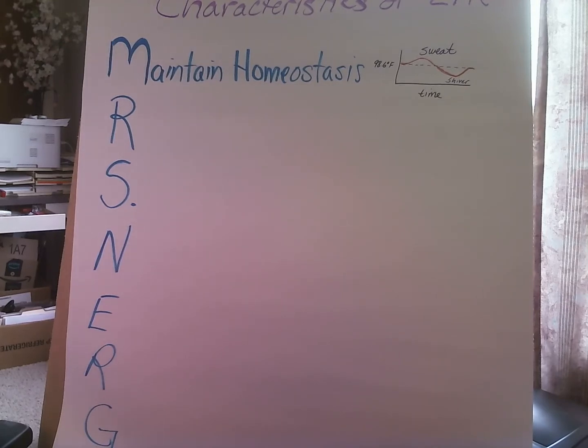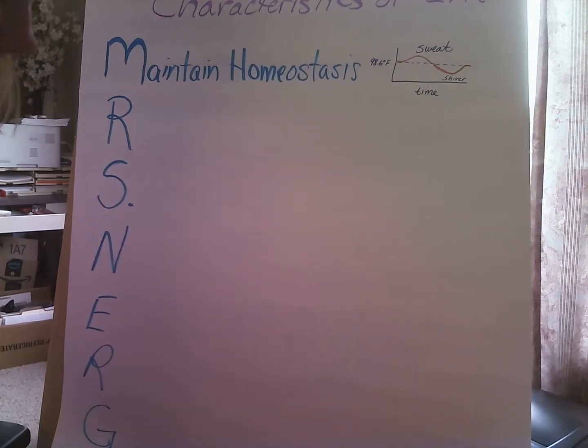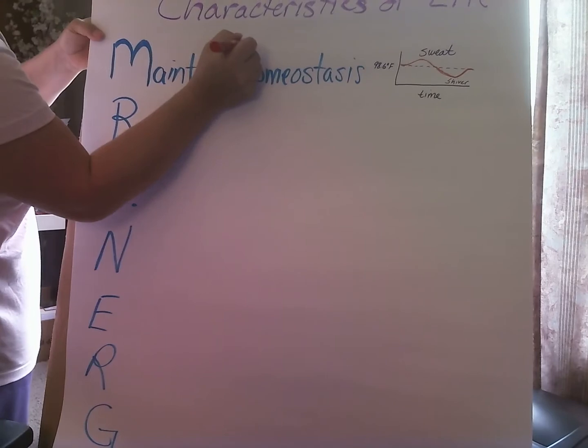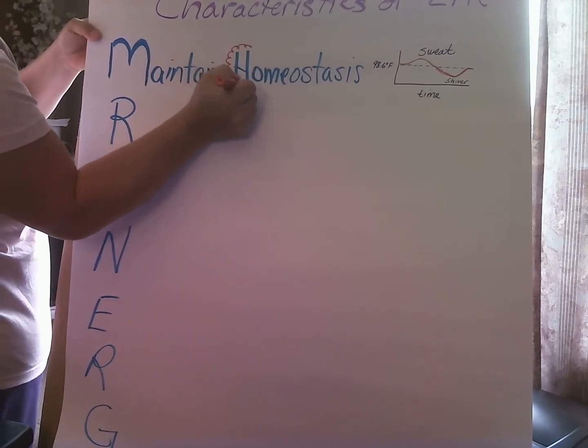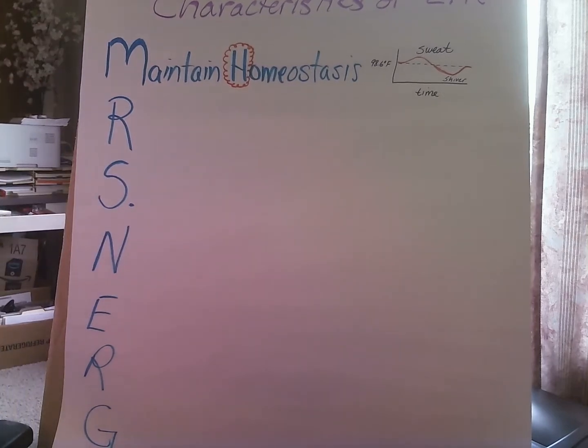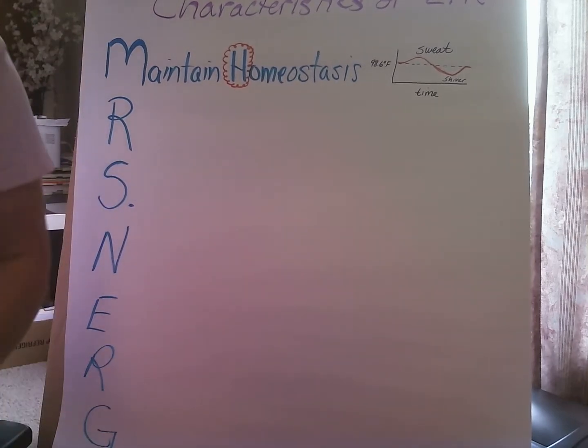A snake. We know a snake is cold-blooded, but it does maintain homeostasis in that its inside environment is different from its outside environment. This is just one example of homeostasis. My favorite H word. You want to remember this because it's super important, and we're going to refer to it lots during the year. My favorite H word is homeostasis.